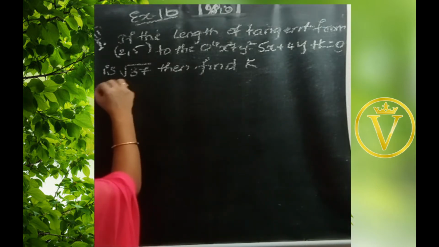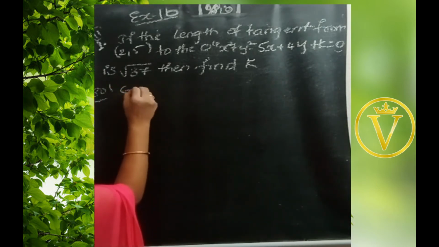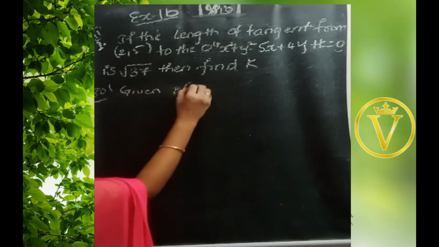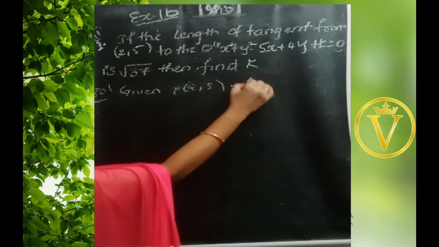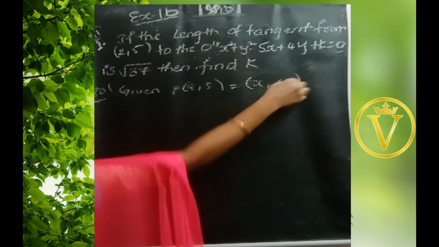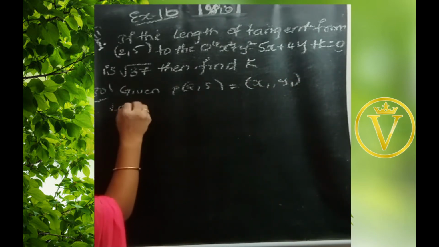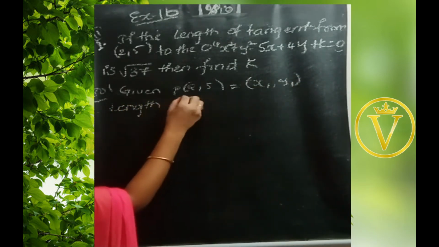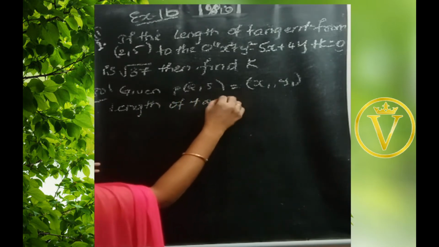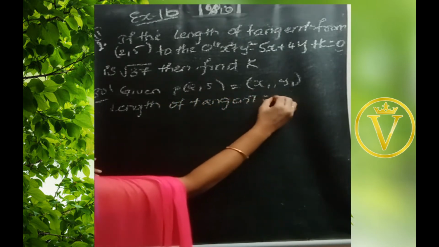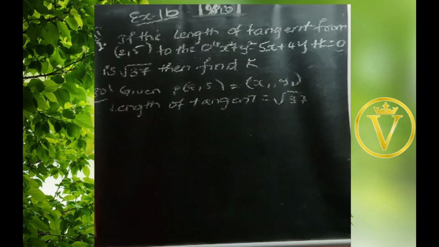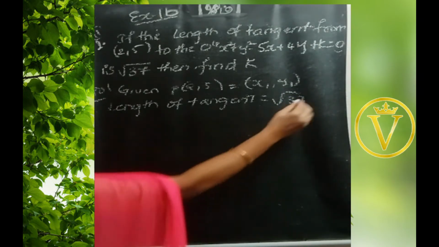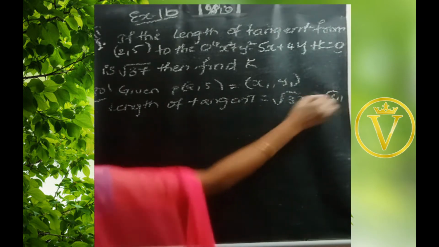First we have to write what is given: (2, 5), which is nothing but x1, y1. Length of the tangent equals root 37, which equals root S11.